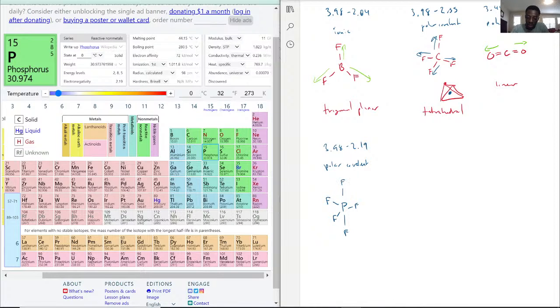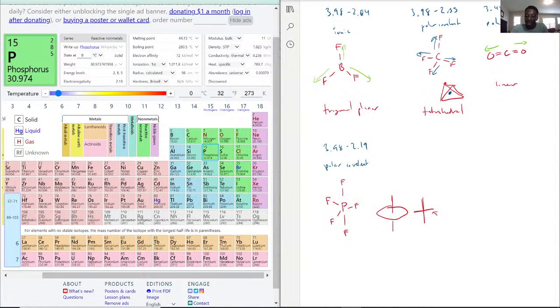So still all polar covalent bonds, but it's going to look like this, where you kind of have a circle in the middle here and a line that goes through it. If you were to look at it directly from a certain angle, you would see it just looks like a plus, because this part here is a circle, and this is the shape that is forming. So that is what the shape looks like there.